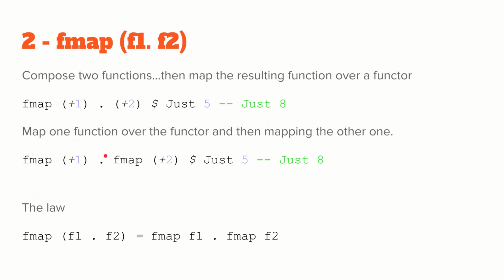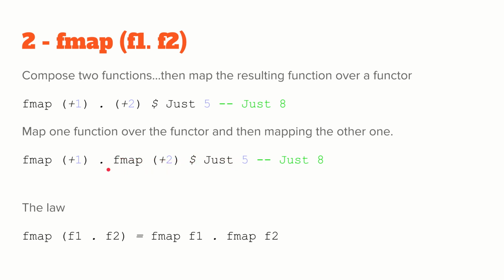So this is quite simple as well. So think of this part on its own. This is exactly what we've been dealing with. Fmap plus 2, just 5. So this will return a functor. 5 plus 2 is 7. And we get just 7 out of here.